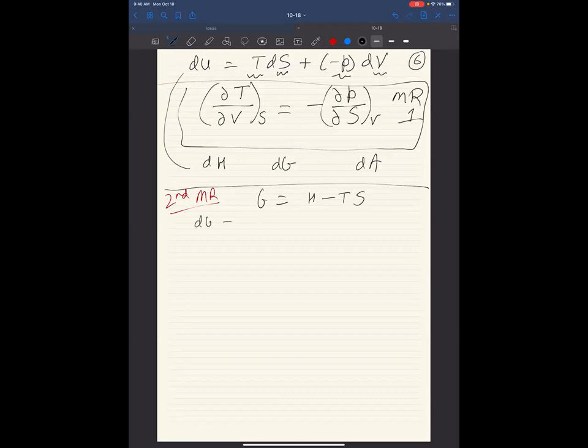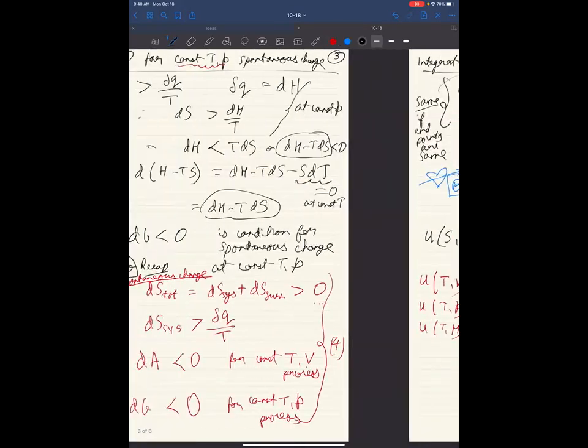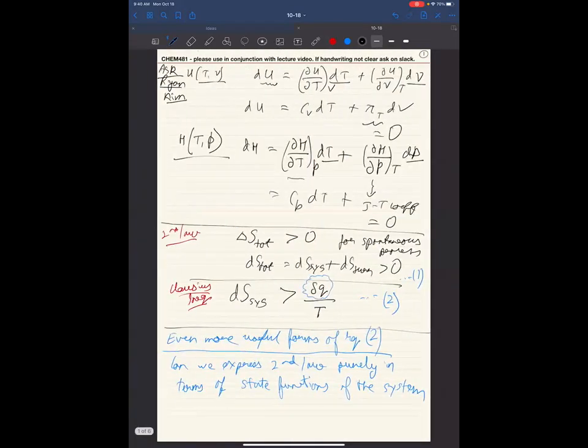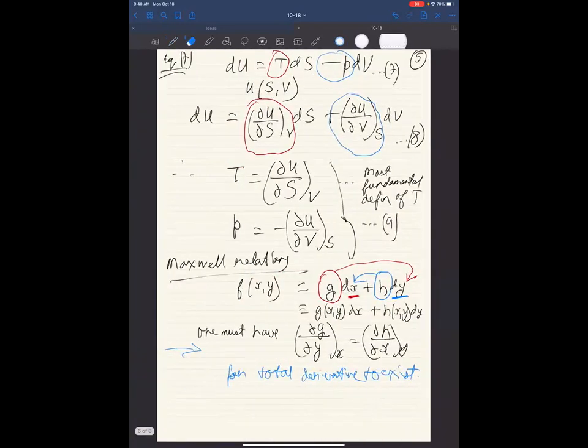So Maxwell relations always arise from writing the state function in its natural variables, right? I could have tried to write a Maxwell relation from this equation. Du is equal, I could have written down a similar thing over here, right? The same Euler relation could be used over here, but that won't be a Maxwell relation because these are not natural variables for U. And this is something barely any book emphasizes.